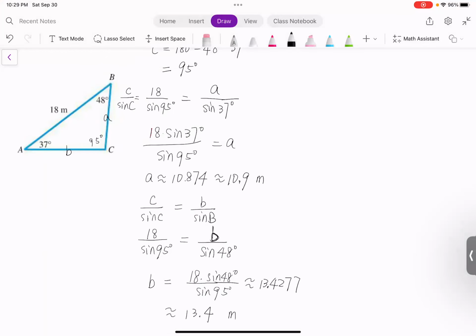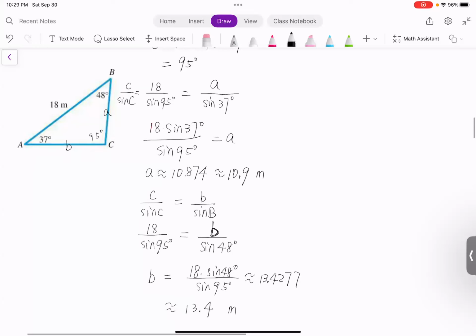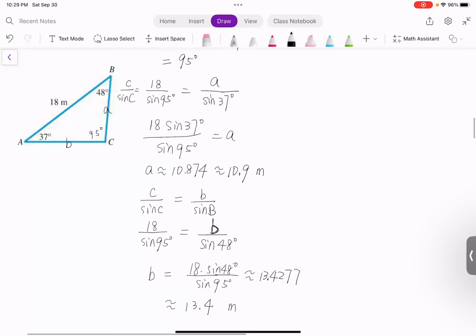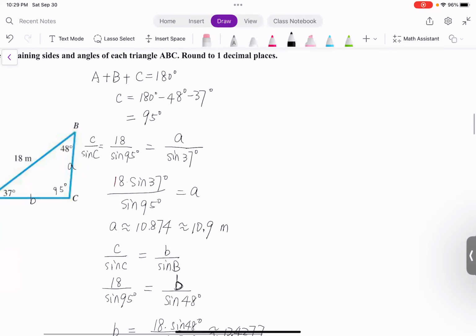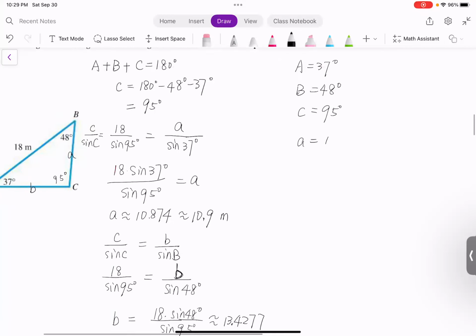I found the C. I know the length of the C. I also found the A and B. I can list them here. For example, I say angle A equals 37 degrees, angle B equals 48 degrees, and angle C equals 95 degrees. And the length of the A equals 10.9 meters.